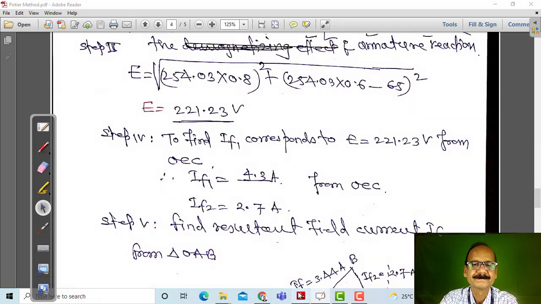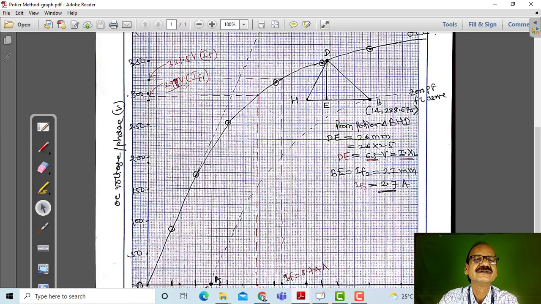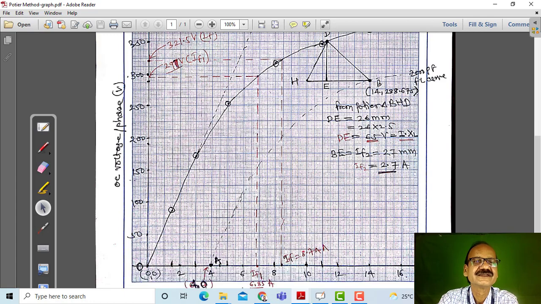Now, 221 point, where it is 4 point, just a minute. 221 is close to 225, and the field current for this will be somewhere here.